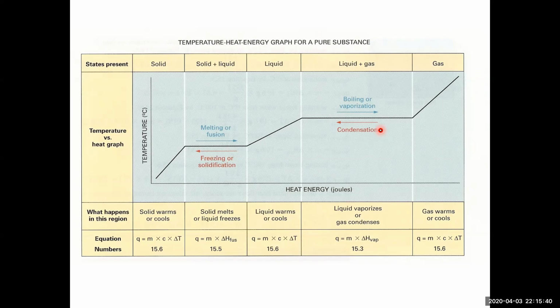So we see at the regions where we have an incline of the temperature as heat energy is being added, when we want to solve for the amount of heat over those temperature ranges, we will use this equation. Q equals m, which is your mass, c, which is specific heat, times delta T.